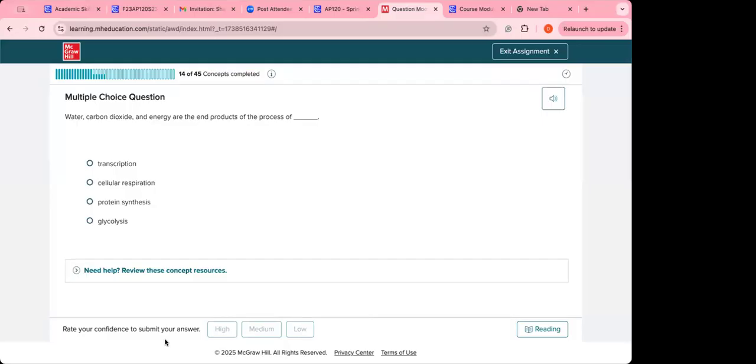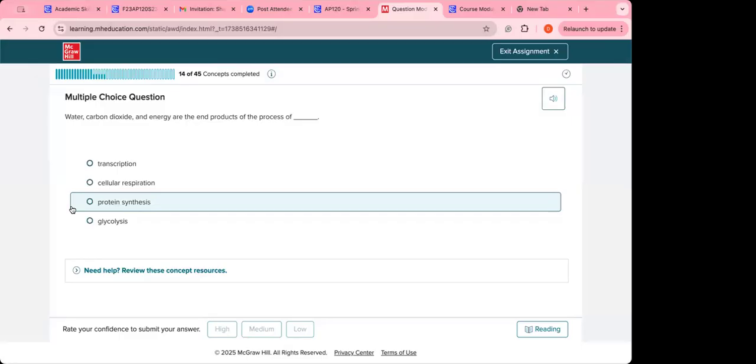Water, carbon dioxide, and energy are the end products of the process of what did we read about where those were the end products? Would it be protein synthesis?